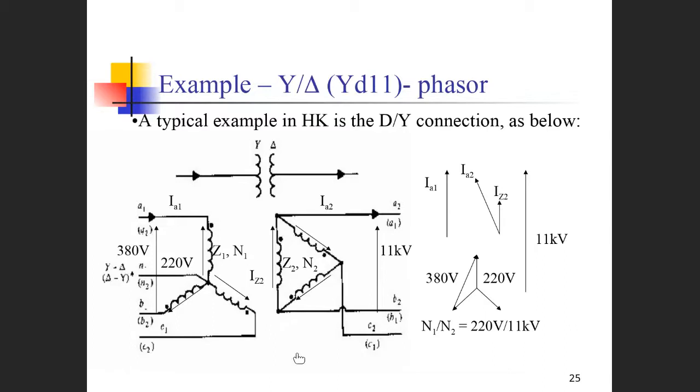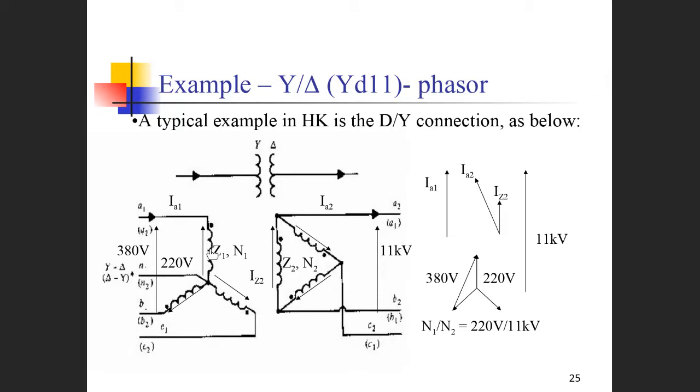For example, a typical example in Hong Kong is the delta-star connection, as shown below. As I just said, the high voltage side is a delta connection, and the low voltage side is a star connection. Looking at it here, the high voltage side line voltage is 11 kV, the turn number per phase is N2, and the impedance per phase is Z2.